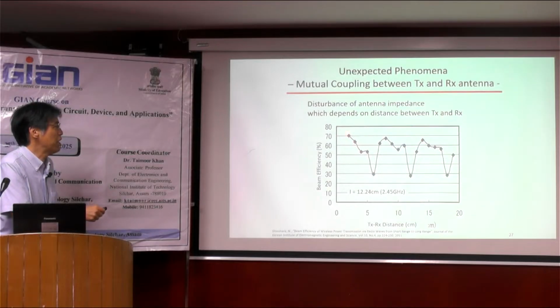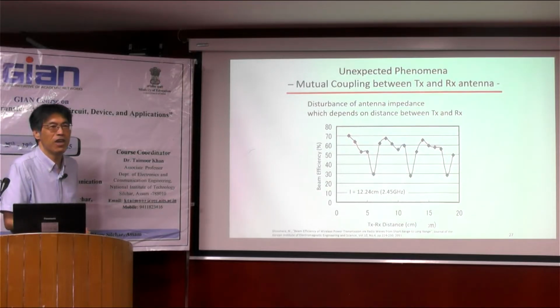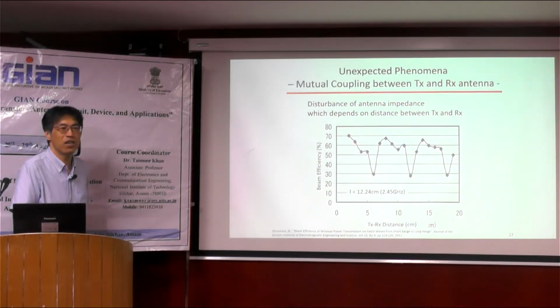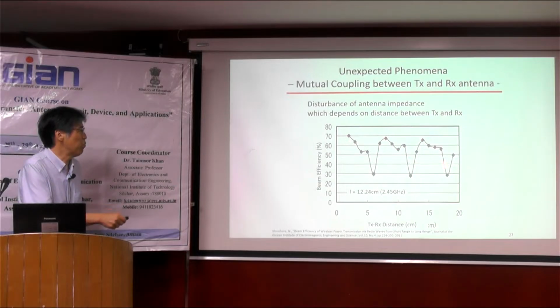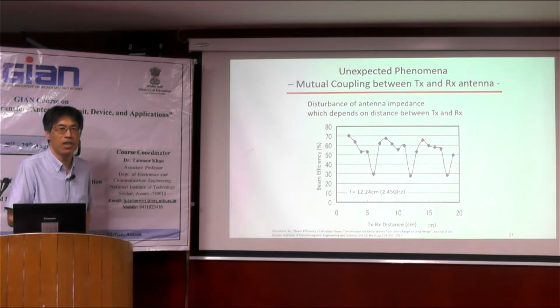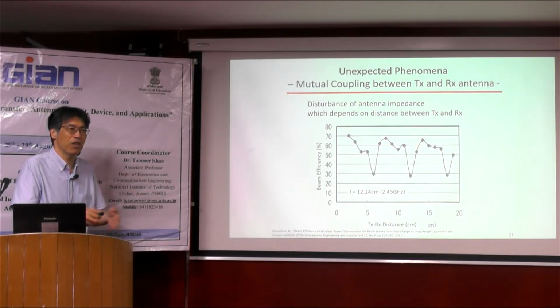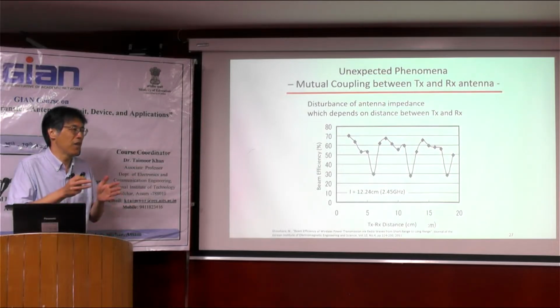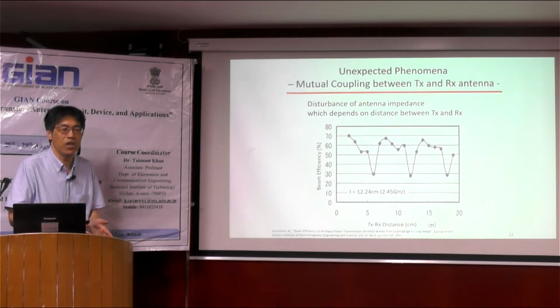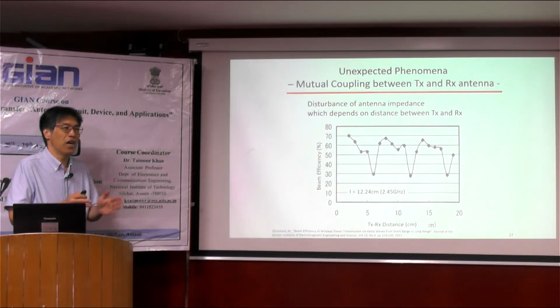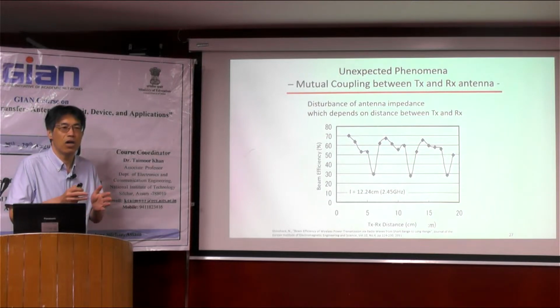Here you can see there is no smooth decreasing curve. There is a perturbation of the efficiency. It means when we put the receiver at the best position of the electromagnetic phenomena, the impedance keeps the optimum impedance, and the frequency does not change.